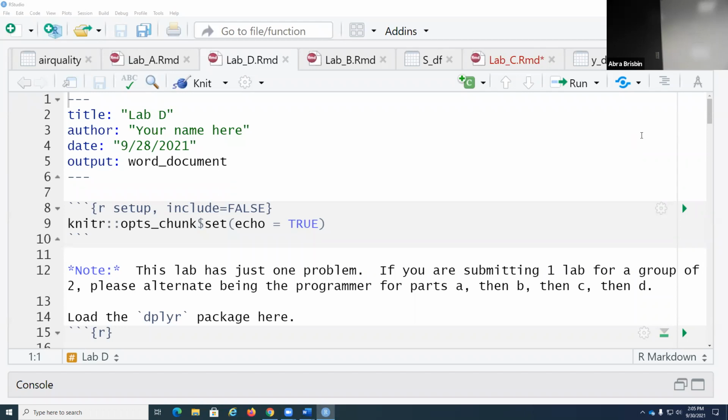We want columns. What? Oh, good, you got it. Sorry. Wi-Fi.